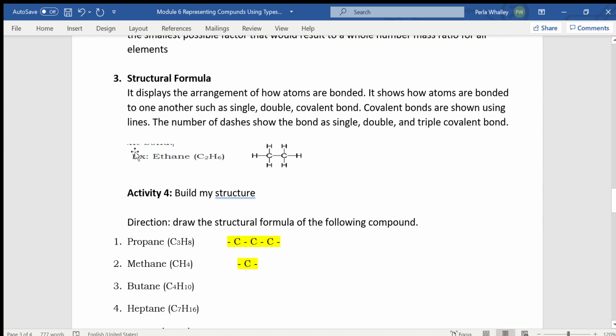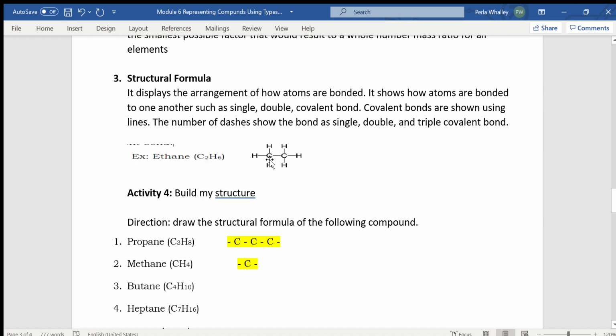Example, we have ethane, C2H6. So if there are 2 carbon, you also write 2 carbon. And then 6 hydrogen. There should also be 6 hydrogen. Remember that carbon bonding follows the octet rule. So there are 4 bonds around the carbon atom.